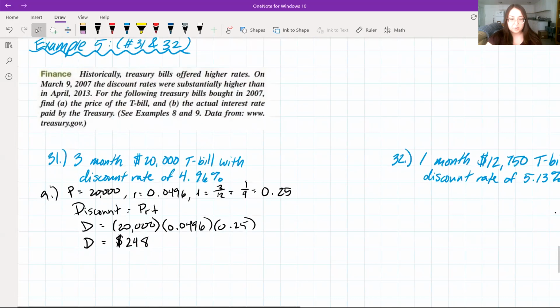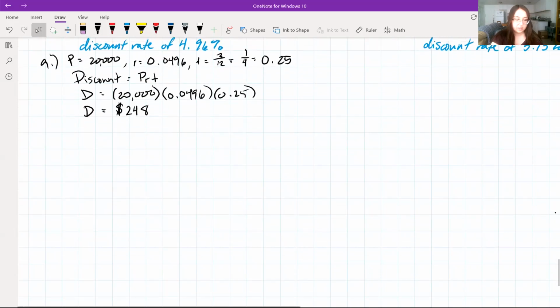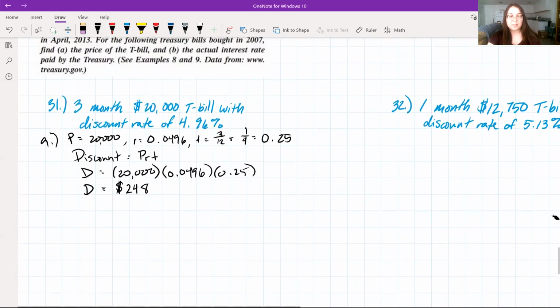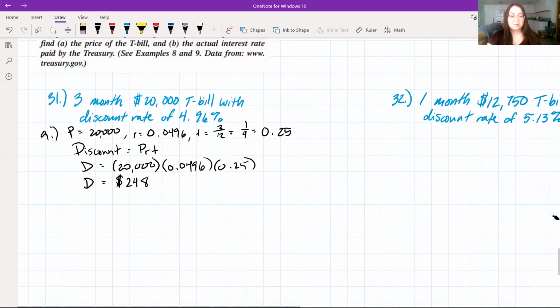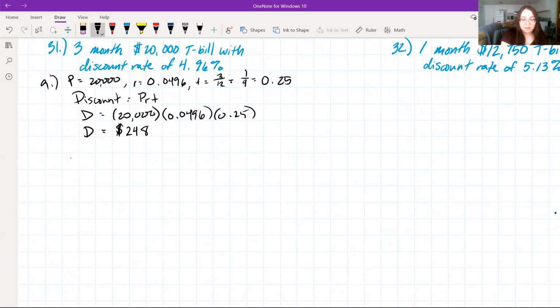And now for part B, we want to find the actual interest rate paid by the Treasury. Sorry, I went a little bit ahead of myself. So we found our discount, but we're trying to find the price of the actual T-bill. So we're one step short of the actual final answer. The price of our T-bill is going to be the face value minus the discount.